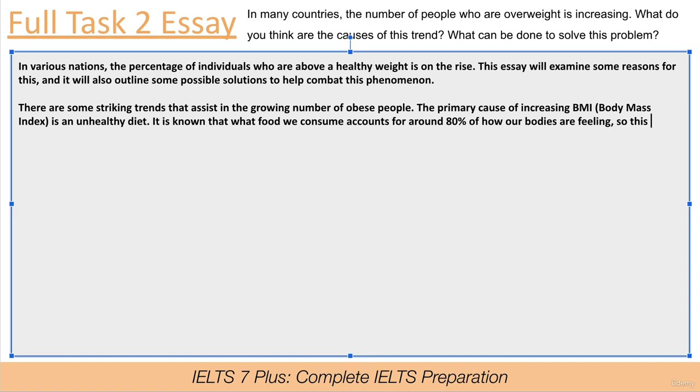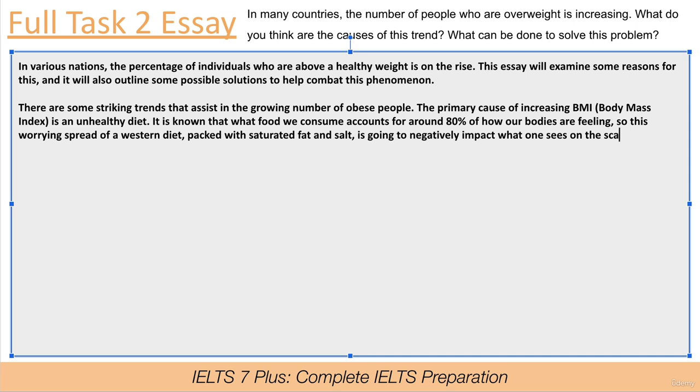So this worrying spread of a Western diet, packed with saturated fat and salt, is going to negatively impact what one sees on the scales.